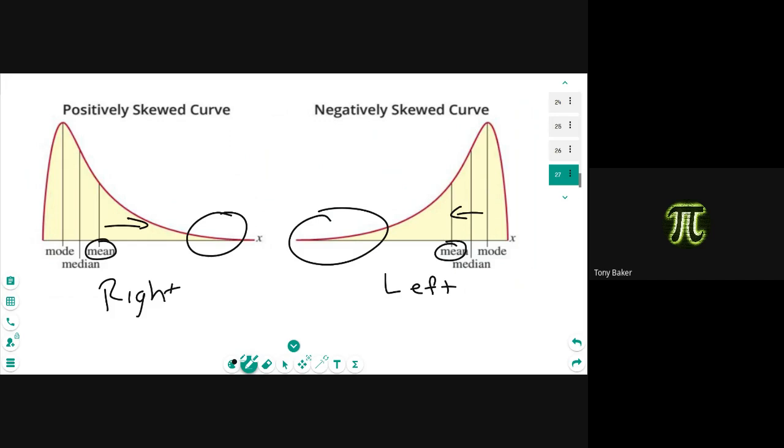Okay, that's why it's called right skewed and left skewed, or positively skewed and negatively skewed, because the mean is being pulled from the center. And that's all because of those outliers that would occur there.